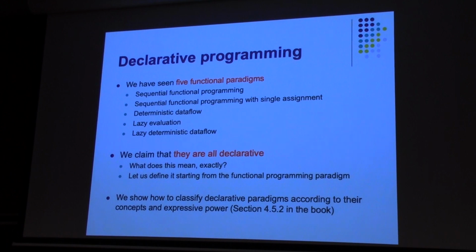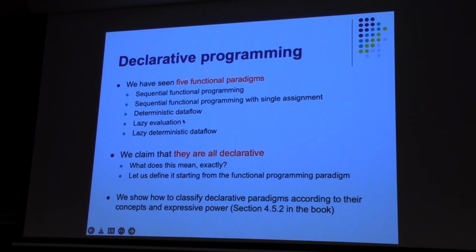Okay, so we have seen 5 declarative paradigms. Sequential functional programming with values. This is like in a language like Scheme. Sequential functional with single assignment. This is nice because list functions are tail recursive. We've seen deterministic data flow, so concurrency.